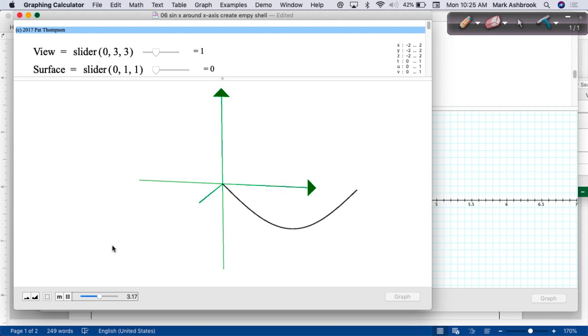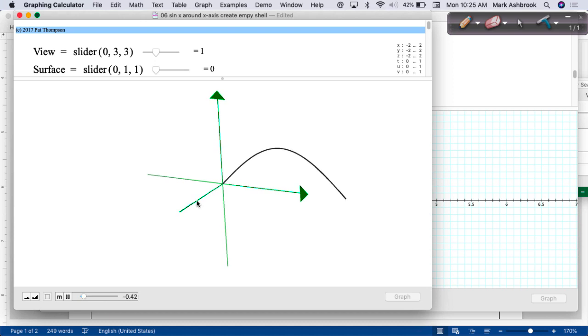If I rotate that thing around the x-axis, imagine all the points that are touched in space as you rotate it around, like if that black curve leaves a trail as it goes.